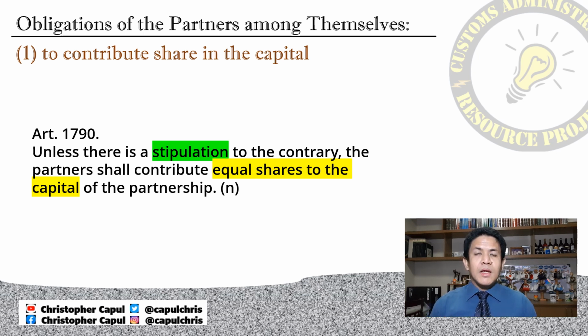So again, we must look at the stipulation. We must look at the contract. Ask ourselves, does the contract say anything regarding the contribution of each and every partner? And in the absence of any stipulation in that contract, then we presume that the partners contribute equally in terms of the capital of the partnership.